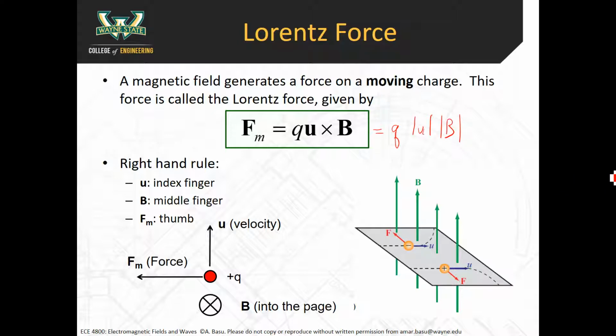It's sine theta. And theta is the angle between U and B. All right, and with the cross product, there's also a vector associated with it. So that's the n hat vector. N hat is the vector that's perpendicular to both U and B.